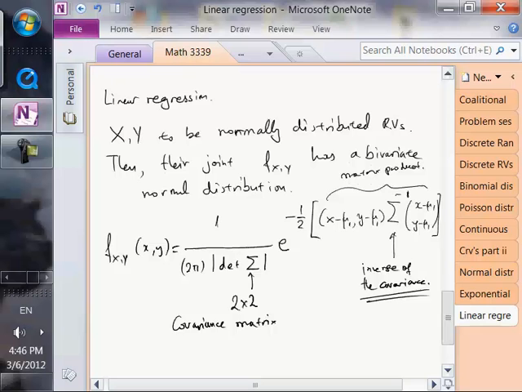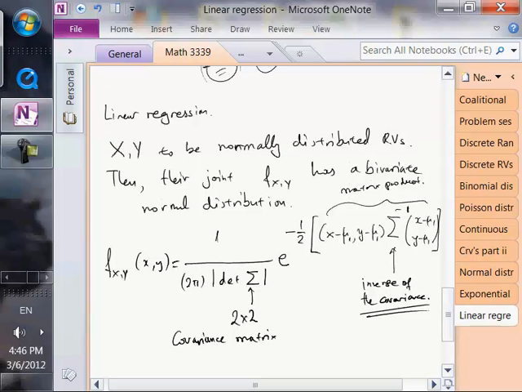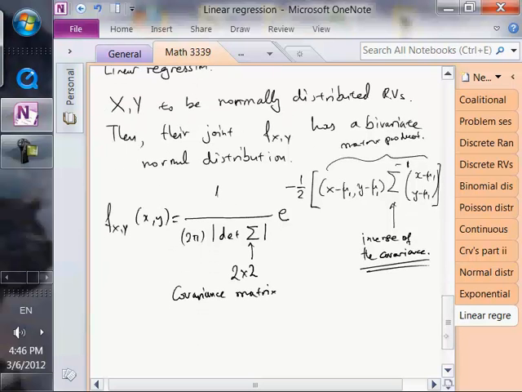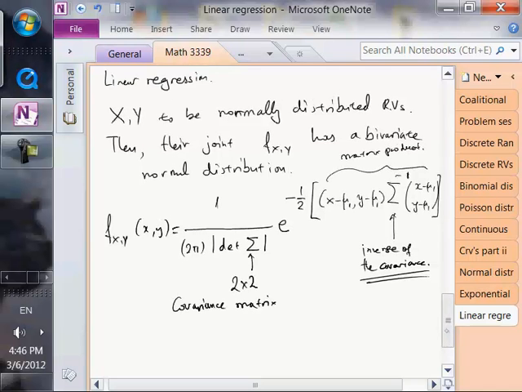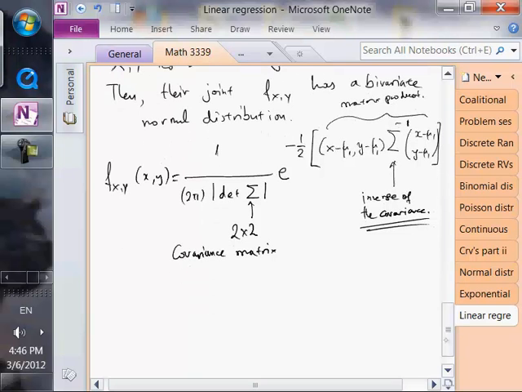It's easy to memorize because you have the matrix operation here in the exponent. However, I'm not asking you to memorize this formula, okay? I'm just mentioning it. I'm not going to need it. What is important, and what is called linear regression, is that if you take the conditional of y with respect to x, taking the lowercase x, then this has a normal distribution.